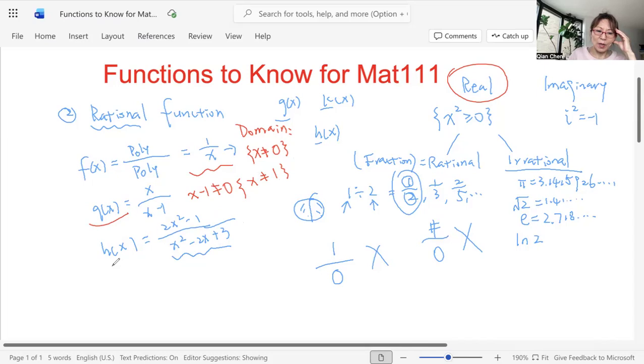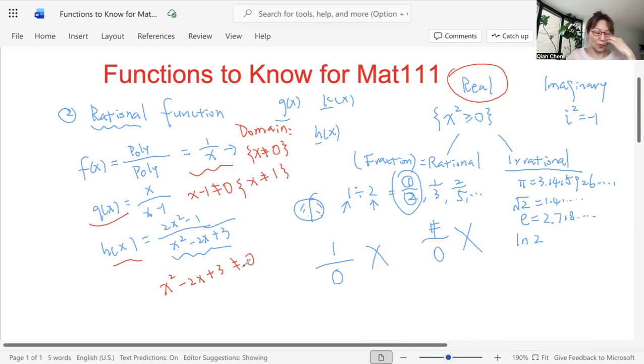Right? For the third one, h of x is a little bit complicated. This involves solving a quadratic function. We'll talk more about this. We want to see what kind of x value will cause this function's denominator to be 0.